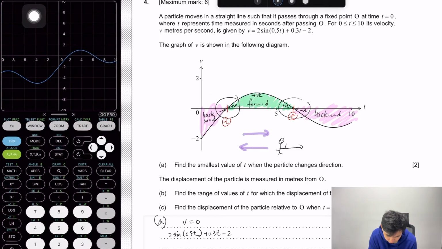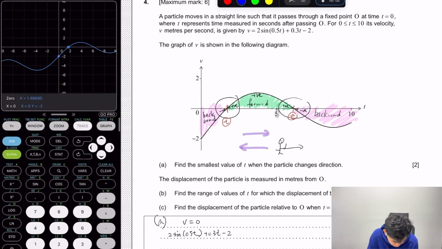So you see the 5 is roughly at this place, right? Then we can do a little bit of trace. We can't trace it, but let's use some analysis function, which tells you what the zero is. From your calculator you can directly see this is 1.68695.